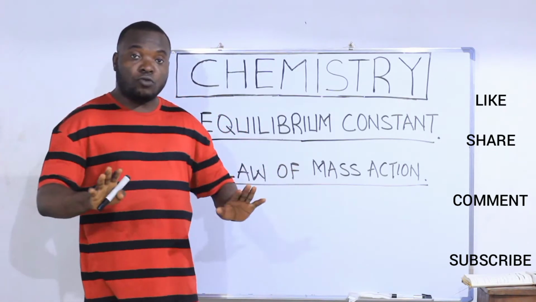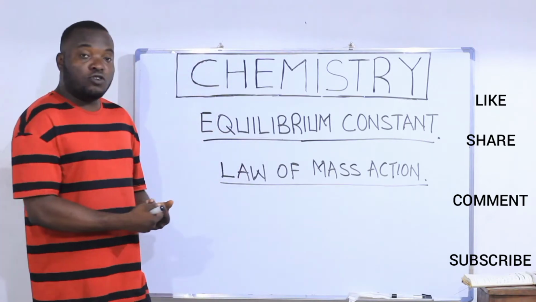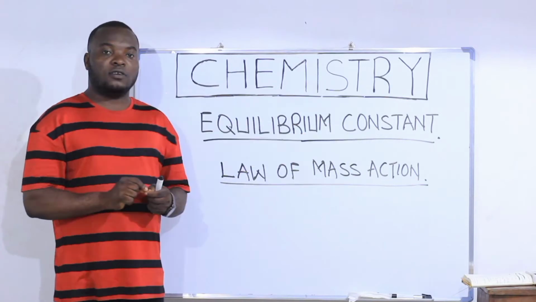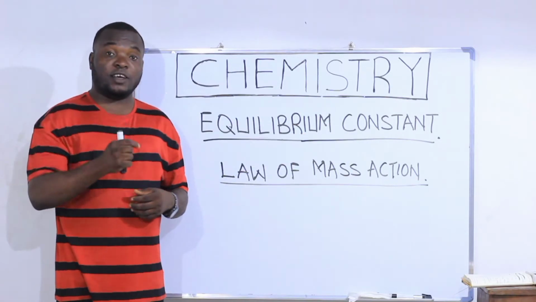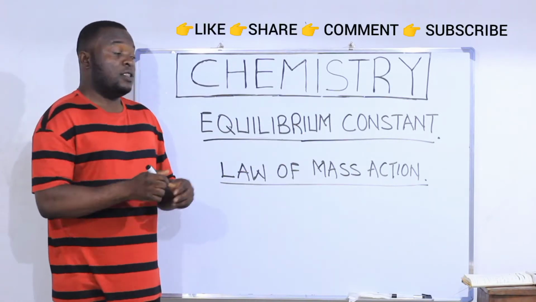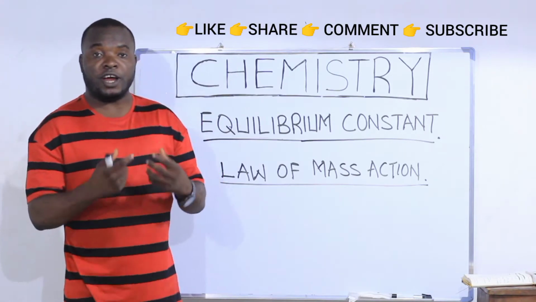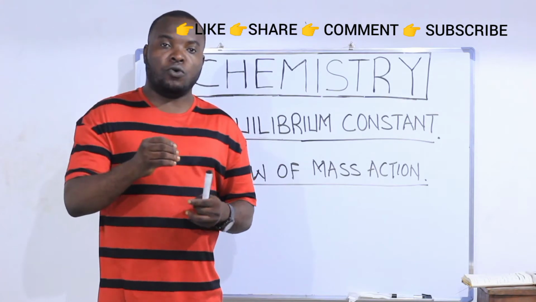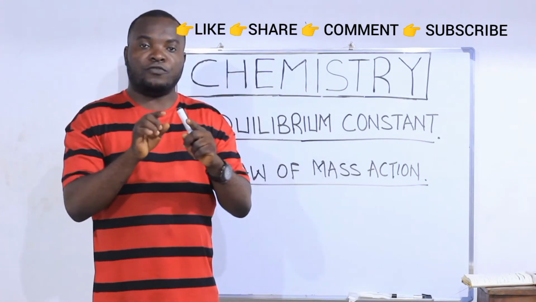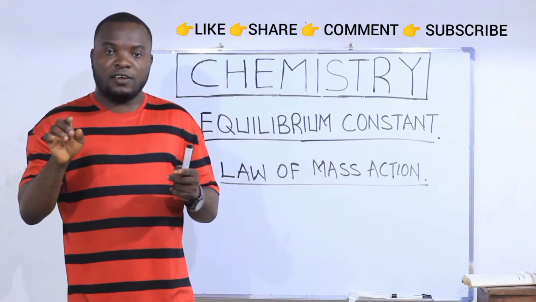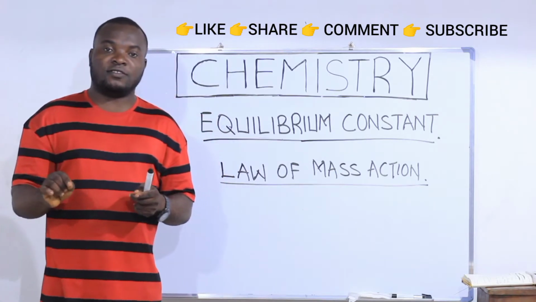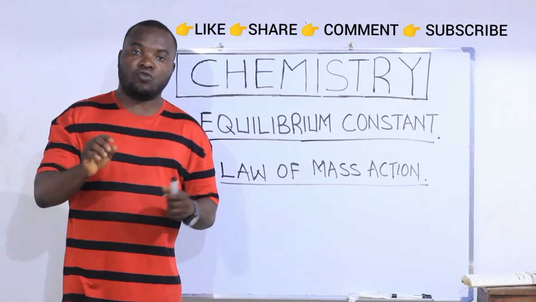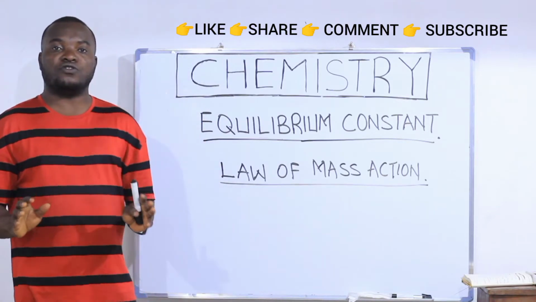The law of mass action introduces us to what we call the equilibrium constant. The law of mass action states that the equilibrium constant of a reversible reaction is the ratio of the concentration of the product to that of the reactant, each raised to its stoichiometric coefficient in the balanced equation.